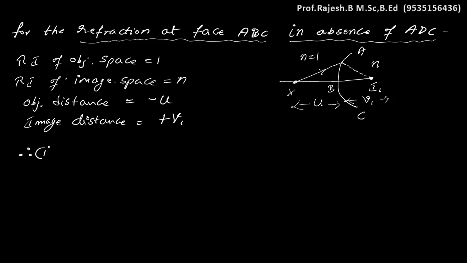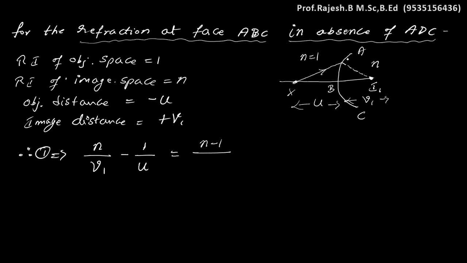Therefore, applying the general formula, equation 1 becomes: refractive index of the image space, that is n, divided by image distance V1, plus refractive index of object space 1 divided by object distance minus U, is equal to the difference in refractive index, n minus 1, divided by radius of curvature.